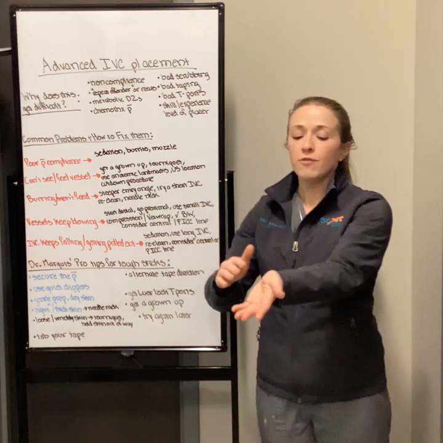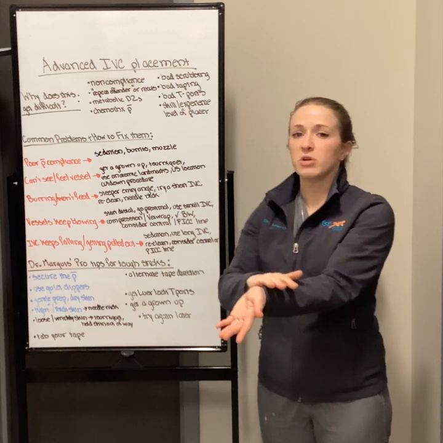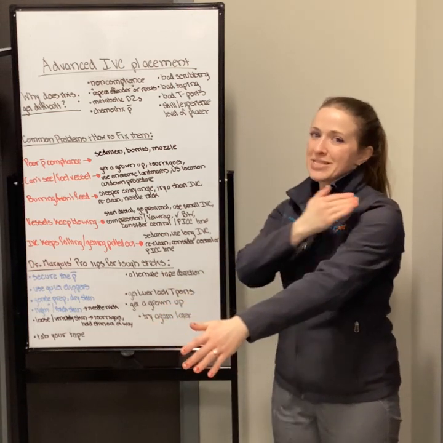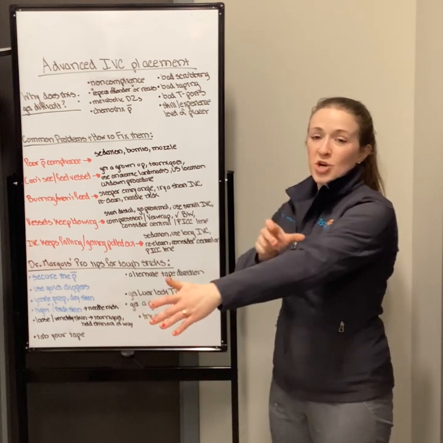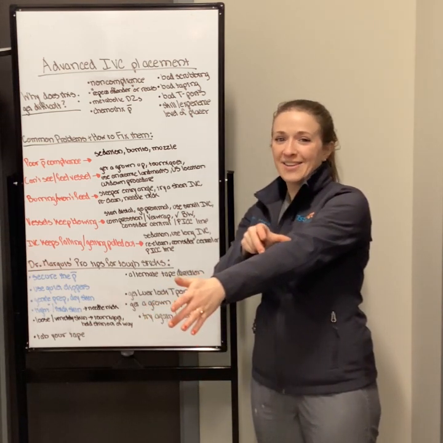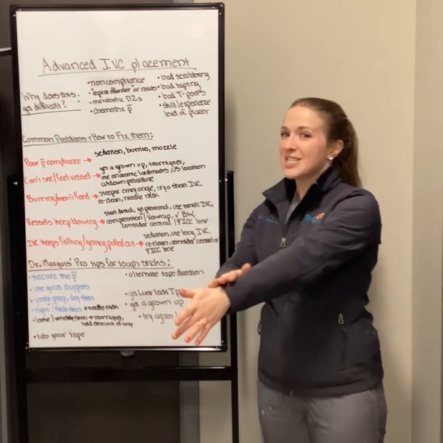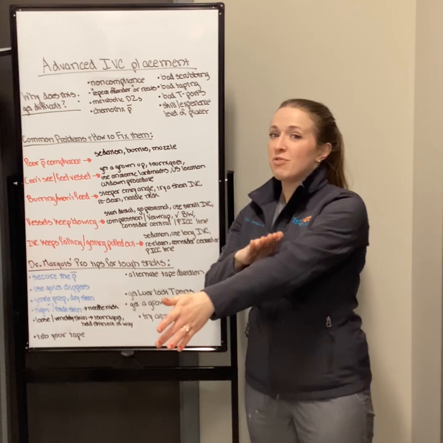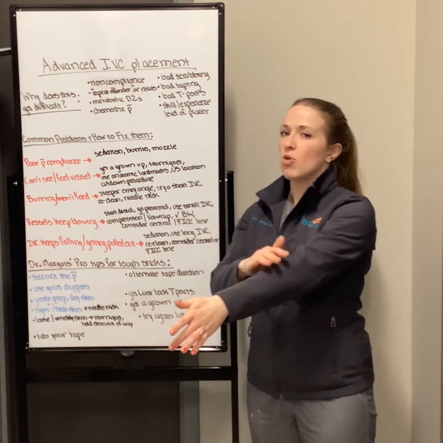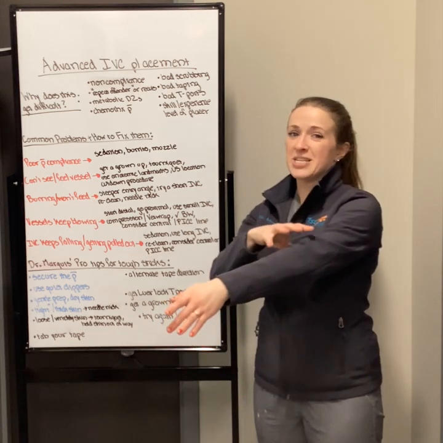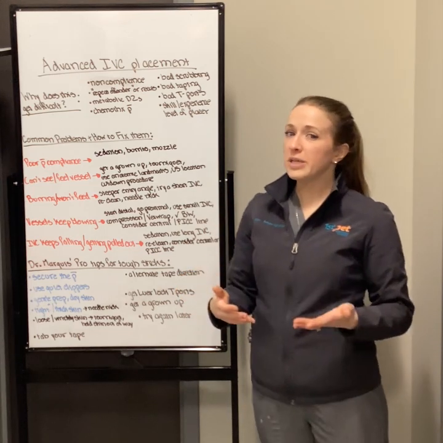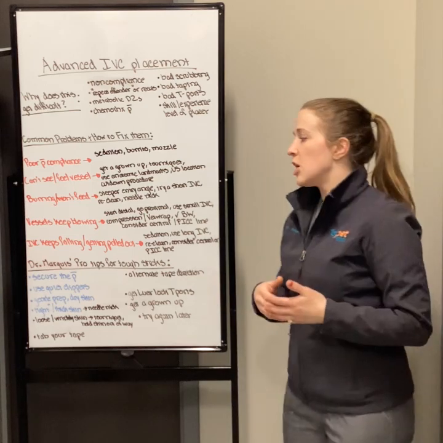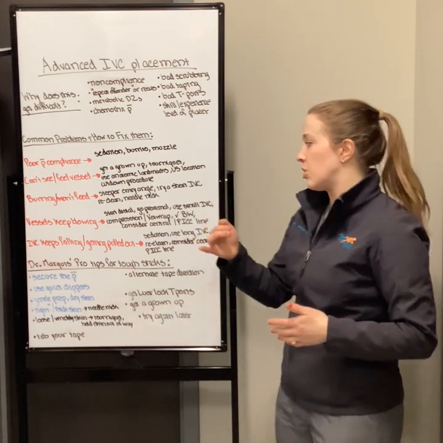That way, if for some reason the vessel down here is blown or damaged, you can work your way up and the drugs are still going to pass easily past that point. It's not like if you start really high up here, and then this blows, and you decide to go down here. Maybe the catheter flushes down here, but if the vessel's leaky up here, you could be leaking drugs, fluids, chemotherapy, just into that space. That's going to be, at the very least, uncomfortable for the dog or cat, and at the very most, really damaging to tissues. So start low and then work your way up.